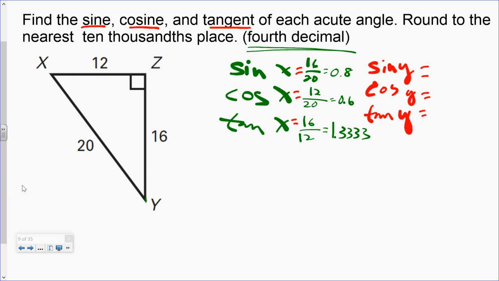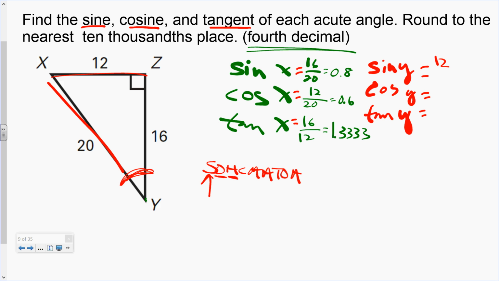All right, y now is the other acute angle. Look at sine, SOHCAHTOA. The sine is opposite over hypotenuse. So opposite of y is 12, hypotenuse is 20.